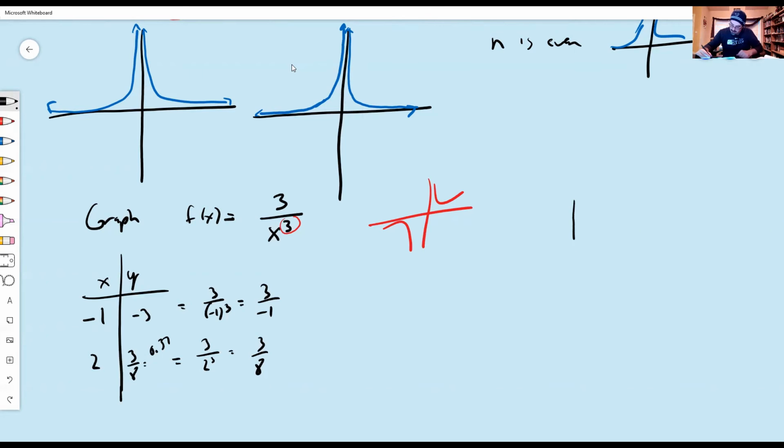So here's my picture. Now note, the -1 gives you -1, which is what we expect to be down below. The +1 gives you +1, which we expect to be right up here. So at -1 we are at -3, so right here. And at +2, we're at 3/8.